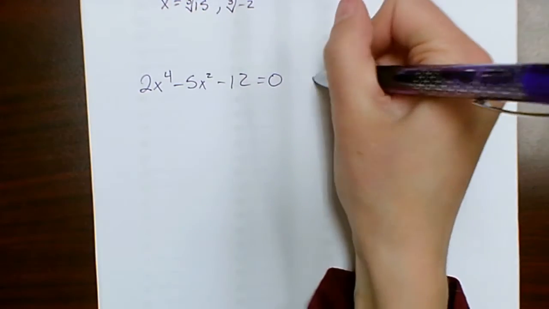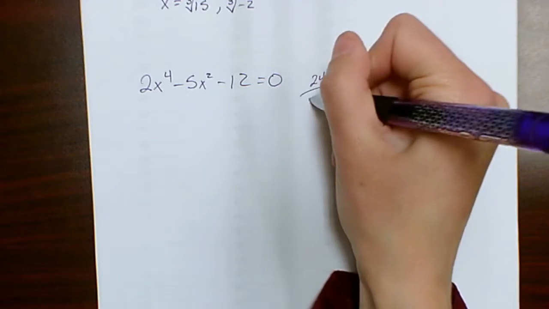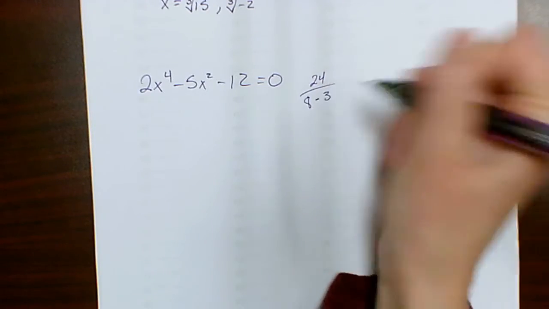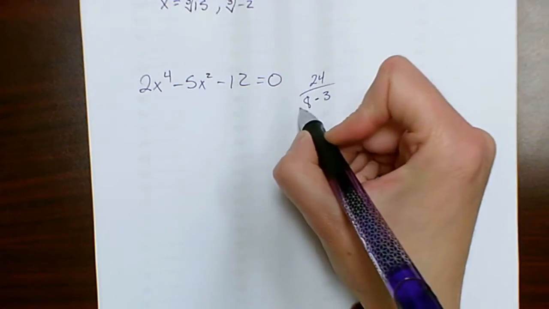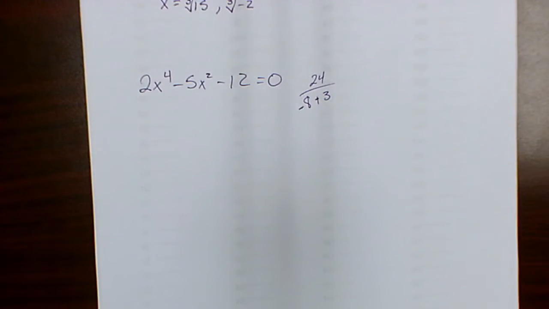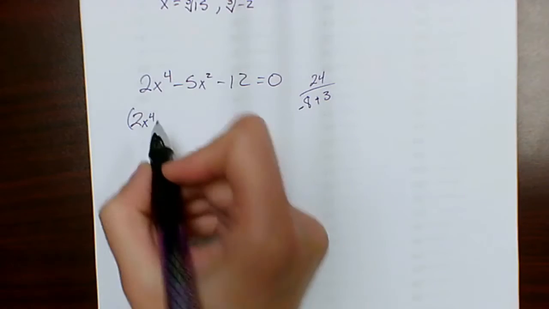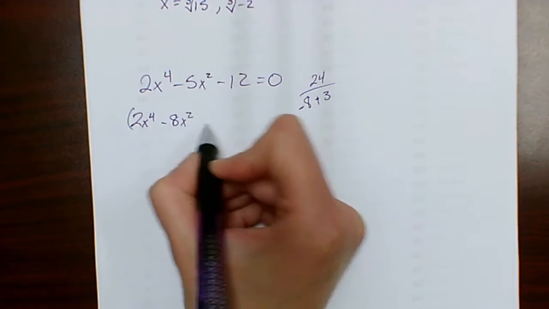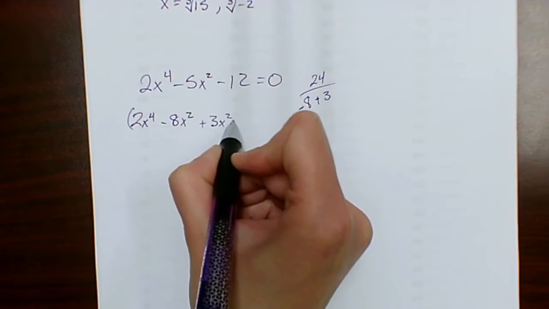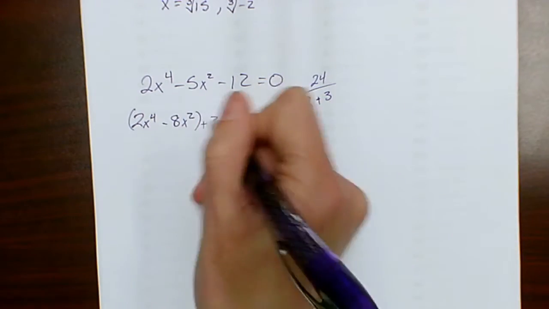Okay, let's look at this one. We would have 24, so that would be 8 and 3 to make negative 5, but 8 has to be negative. So we have 2x to the 4th minus 8x squared plus 3x squared minus 12 equals 0.